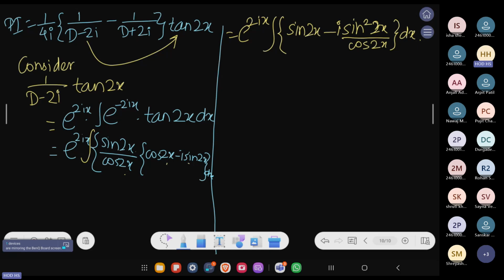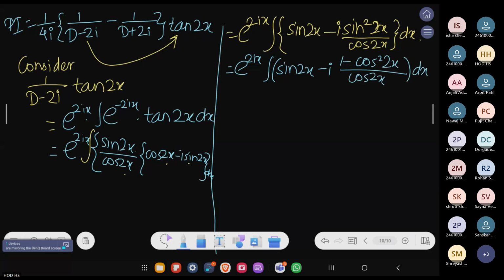Now e to the power 2ix into the integral of, again I will write sin 2x, but this I will write as minus i times 1 minus cos square 2x divided by cos 2x dx, right? Instead of sin square 2x, because I can't go for any substitution.